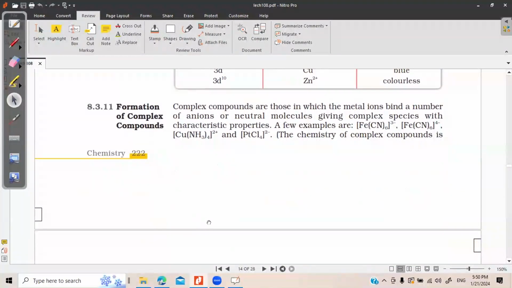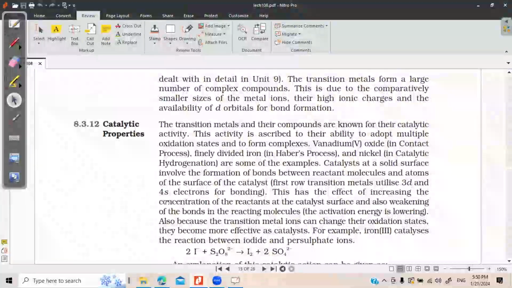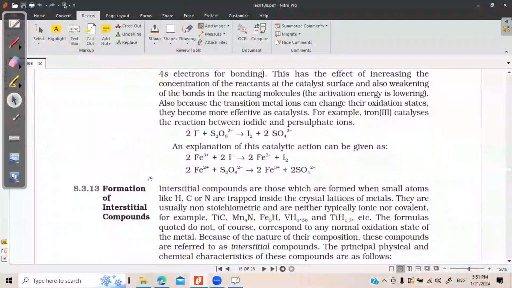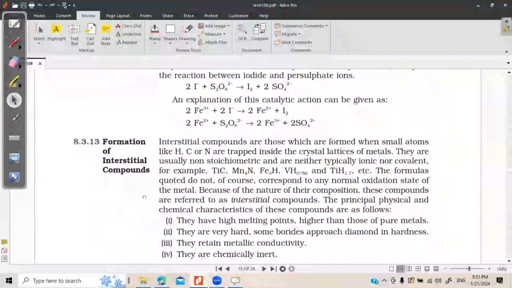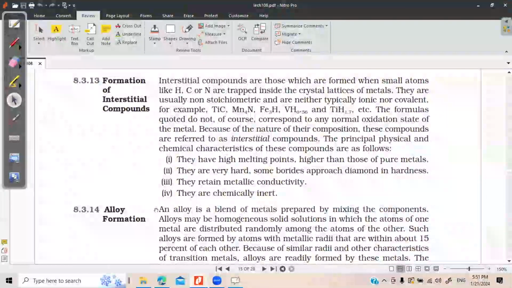Formation of complex compounds is covered in much more detail in the next chapter. There we can study catalytic properties of the 3d series and d orbitals. D block elements behave as catalysts because of their comparatively large surface area and available empty d orbitals for the incoming particles.